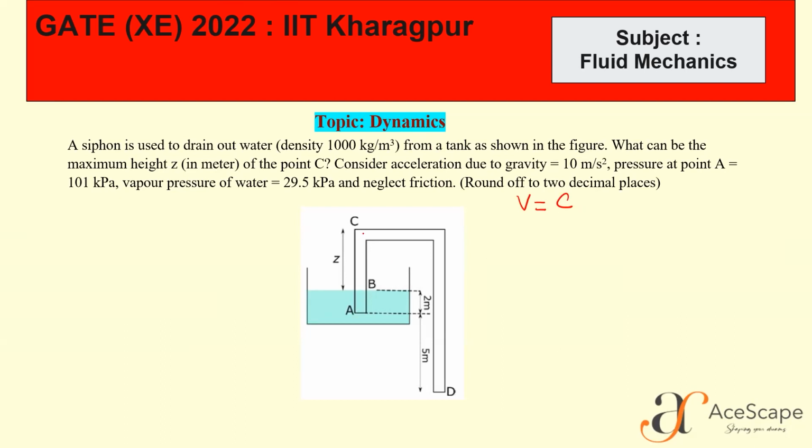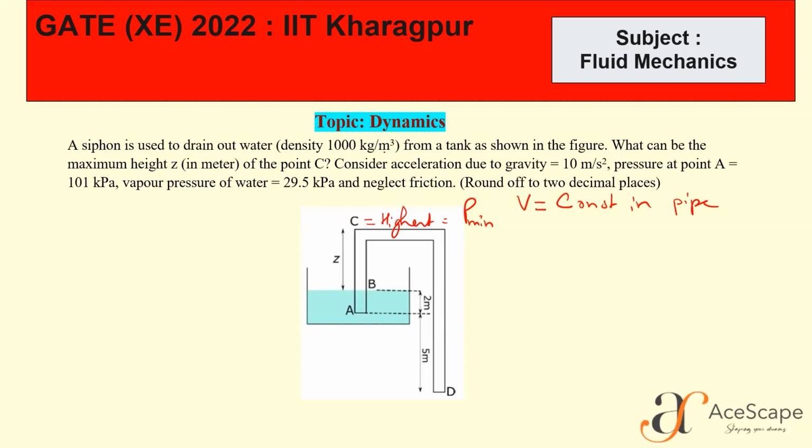Because the diameter of the siphon tube is constant throughout, so from continuity we can say that the velocity is constant in the pipe. This is one property. And one of the main characteristics it is used for is that at the highest point, which is C here, the pressure is the minimum in the whole system. The minimum pressure that we can get in a siphon tube is at the highest point, which is C.